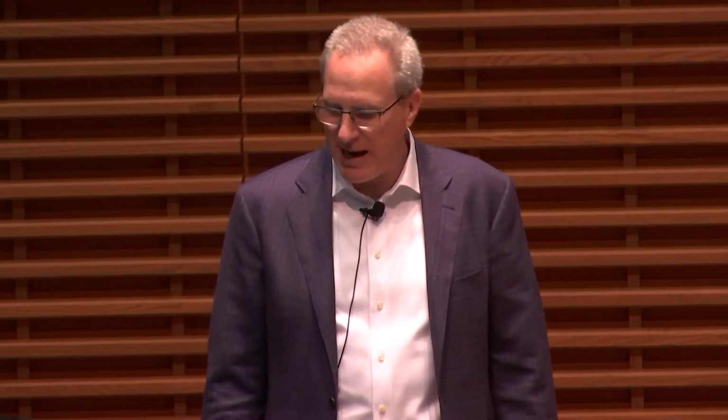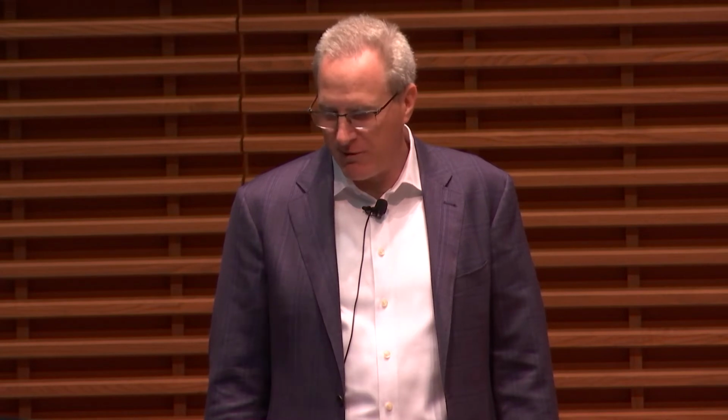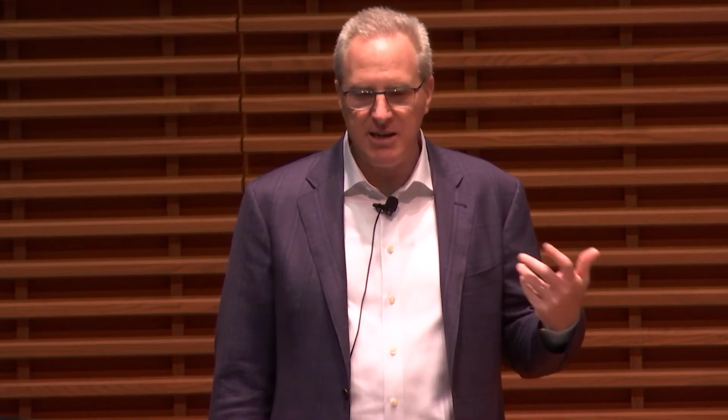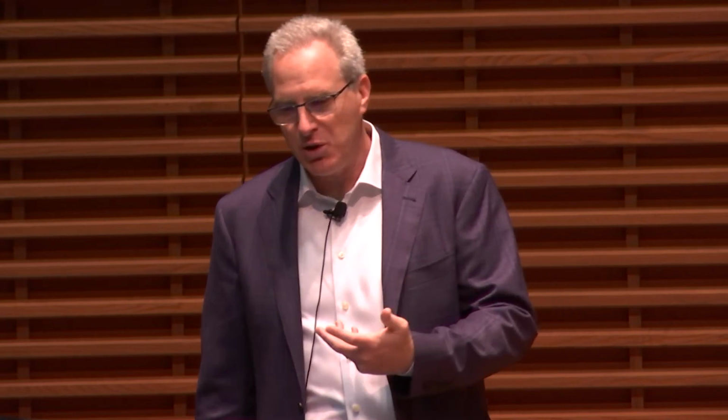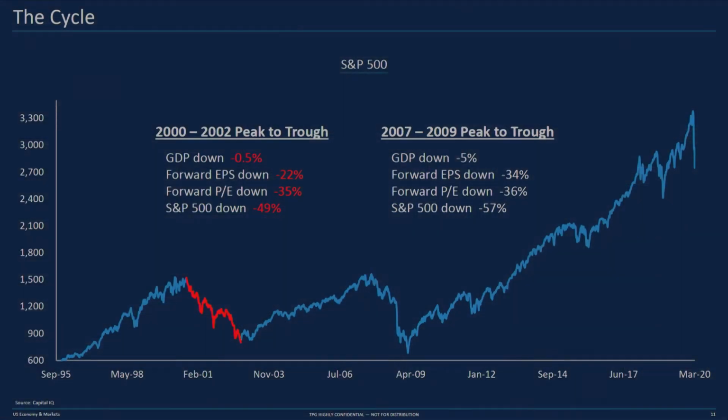The expansion of the 1990s was much healthier than the expansion of the mid-2000s, which was led by excessive mortgage lending, excessive housing buying, and ultimately caused the great financial crisis. So I tend to look at the expansion of the 1990s, not the one in the mid-2000s, to think about how this expansion is progressing and how it might end.